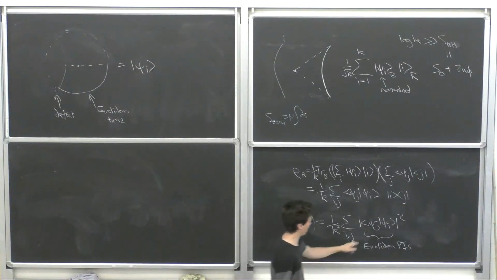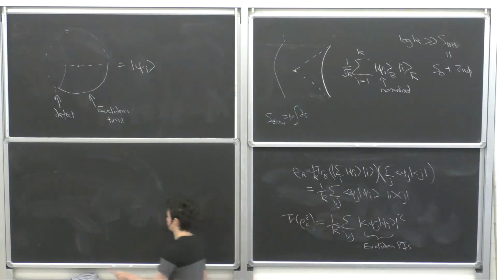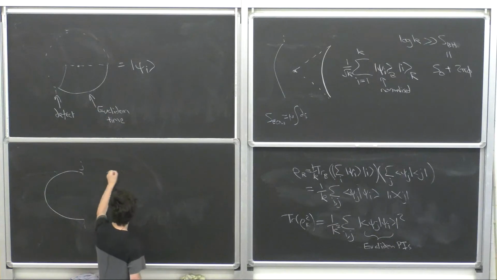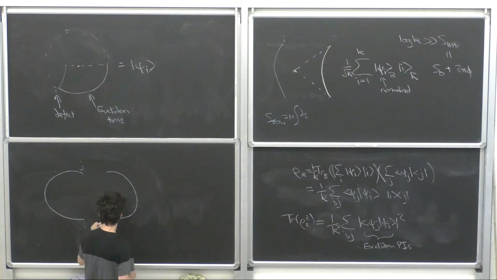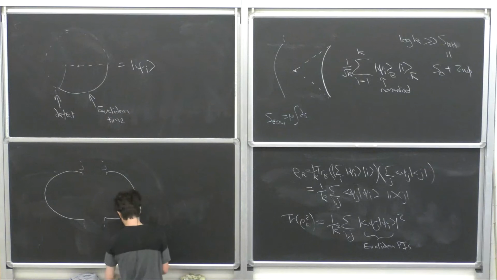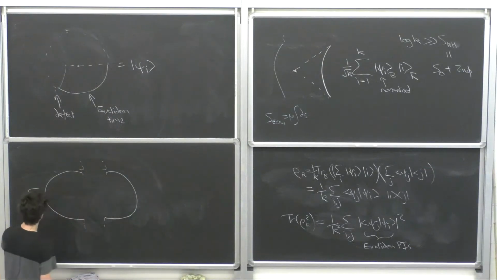Okay, so psi_i, psi_j looks like a Euclidean path integral where we have some defect in the state i down here and one in the state j up there. And then we have two copies of this. And then we need to sum over i and j and get a 1 over k squared.